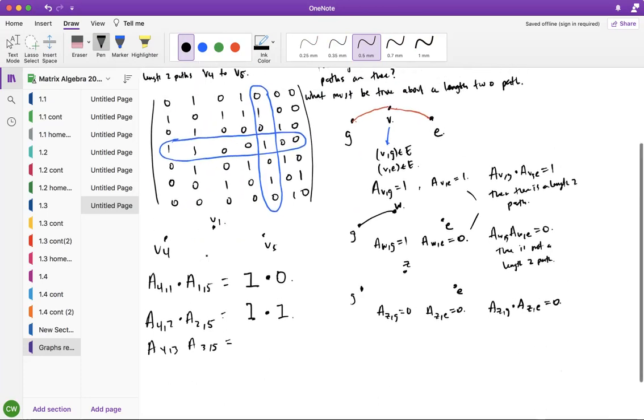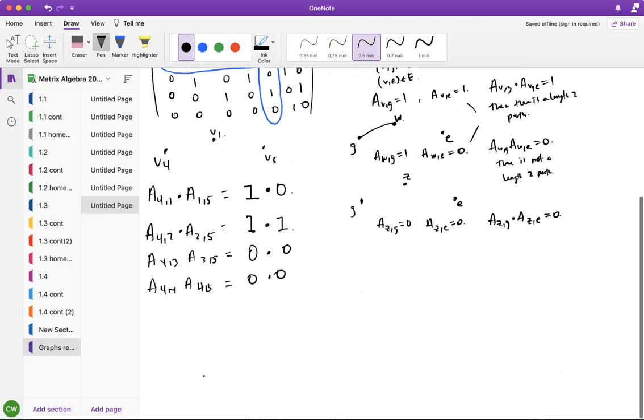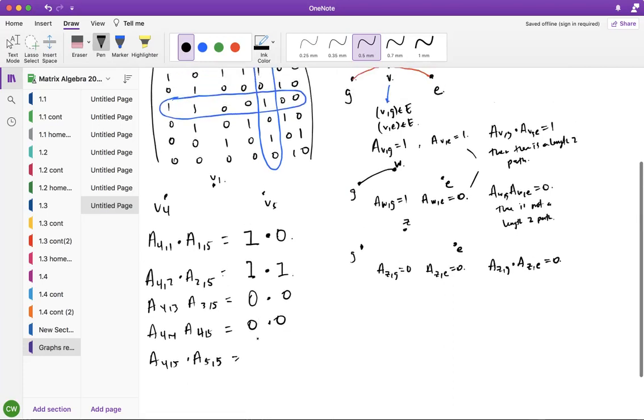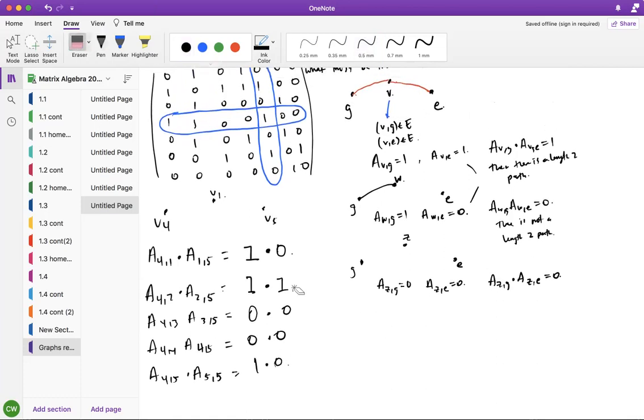So what is this? 4,3 is 0. A 4,4, that's always going to be 0. And then A 4,5, that's also always going to be 0. Well, 4,5 is not 0, but the product is 0.